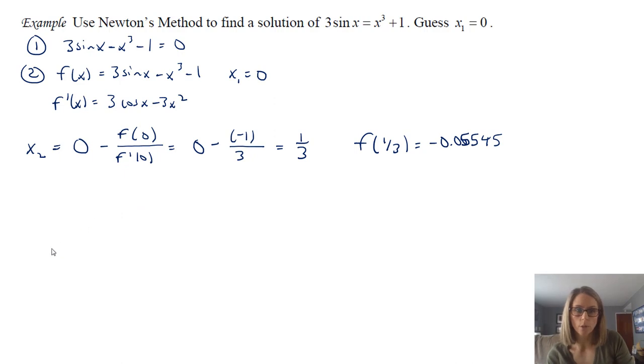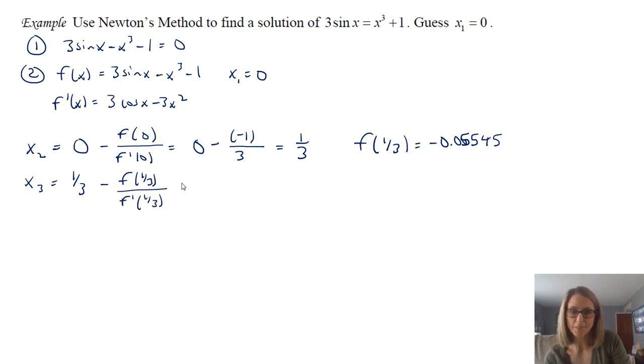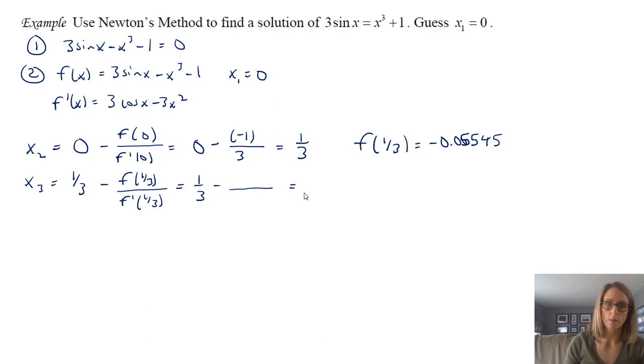If we do x sub 3, we are going to be taking our x sub 2 and then subtracting f of 1/3 divided by f prime of 1/3. So it's always just the same. You can put that into your calculator and see what you get.